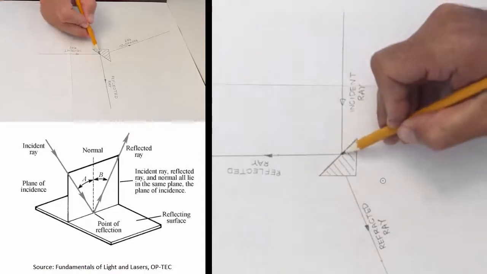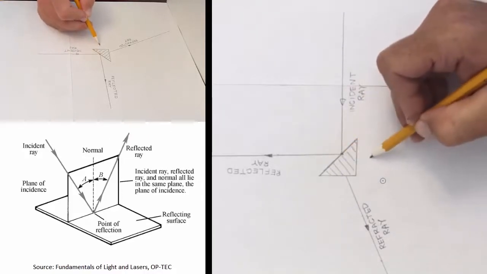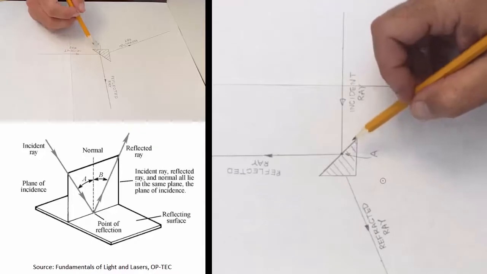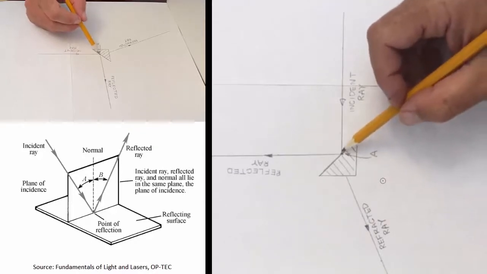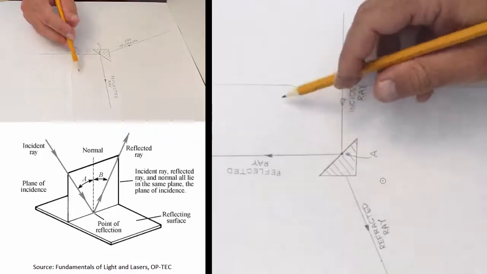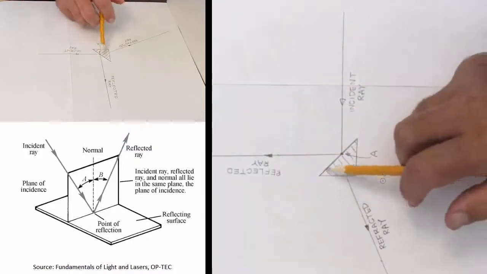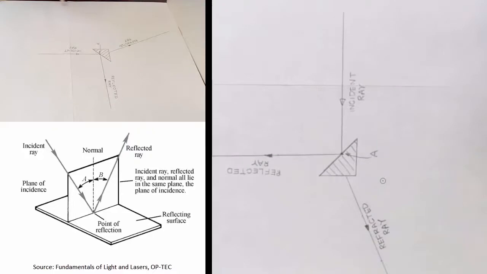So we are going to label this point here as point A. And at that point A, we are going to construct the axis that is going to be perpendicular to this surface of the right angle prism.